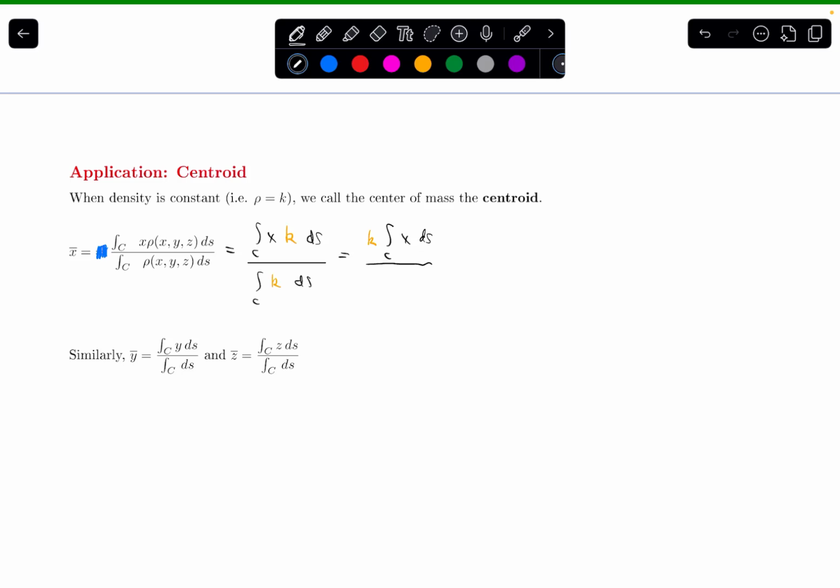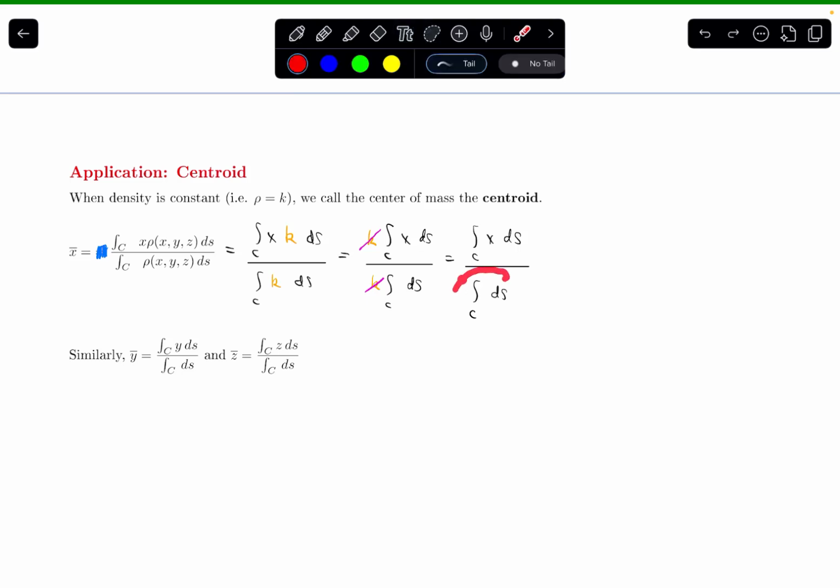I can also pull it in front of the bottom integral, times the integral over c of just ds. I guess technically there's a 1 here. And then the k on top and bottom cancel, which is really nice. So I get the line integral over my curve, x ds, over, on the bottom, just the line integral over the curve of ds, or I could call that 1 ds.